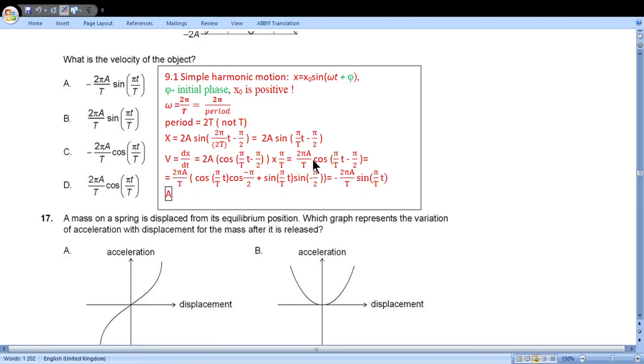First of all, when we find the derivative, we use the chain rule, so sine turns into cosine, and we also should multiply by the derivative of the argument.